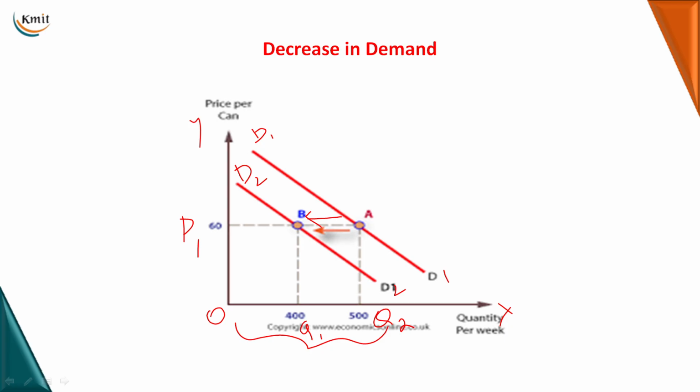Since there is a change in all these factors, there is a reduction in the consumption happening, giving rise to less quantity consumed, that is the new demand created is 0 to Q1, right? So this is how the increase and decrease in the demand curve will be analyzed.